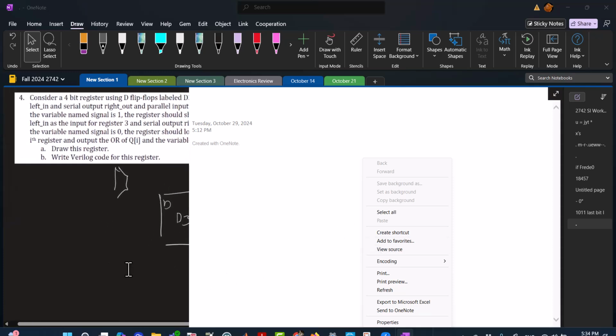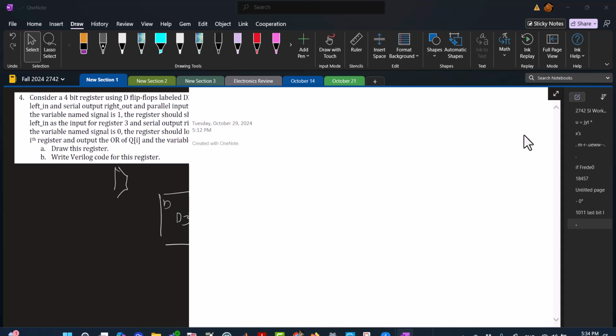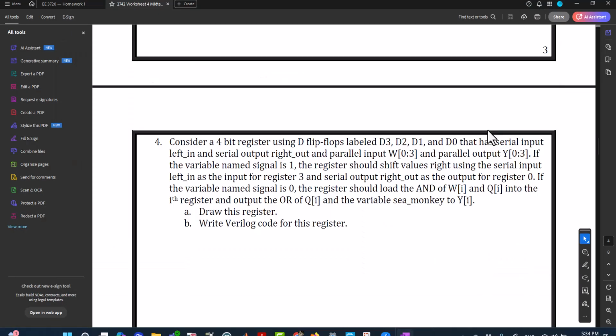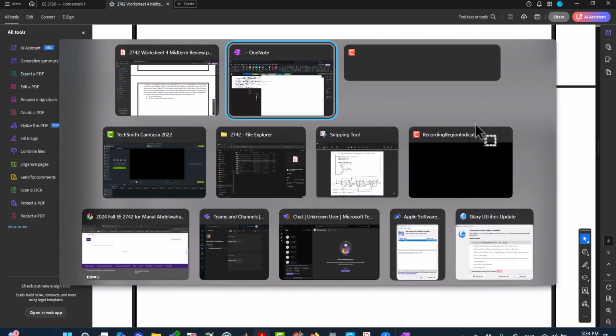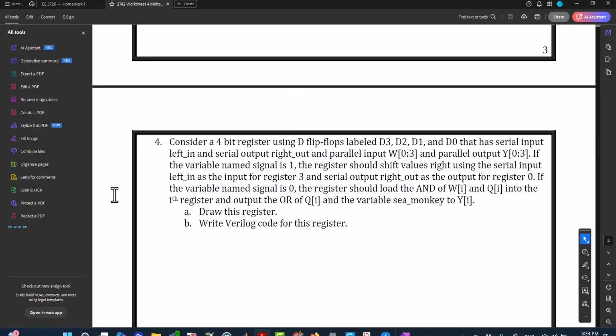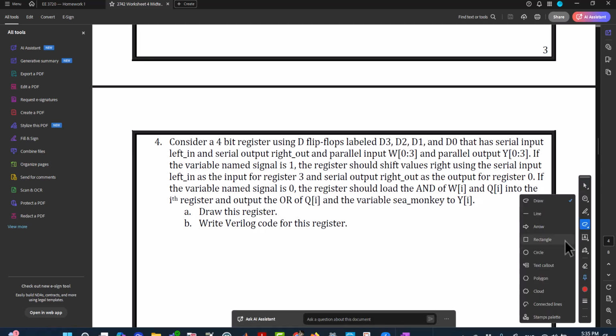I don't know what this thing is in front. I'm going to draw on Word. Nope, this is a PDF, so I'll draw on the PDF.